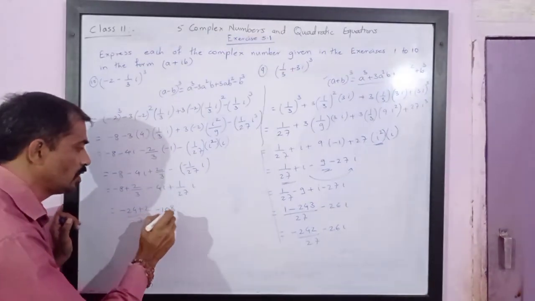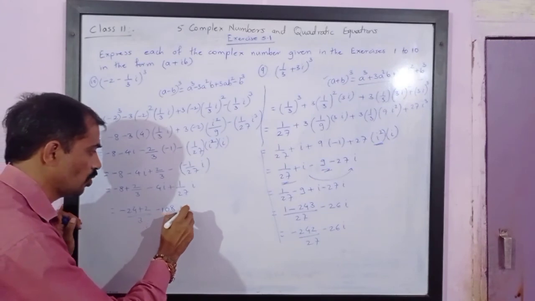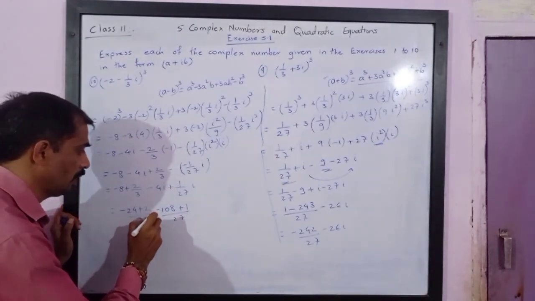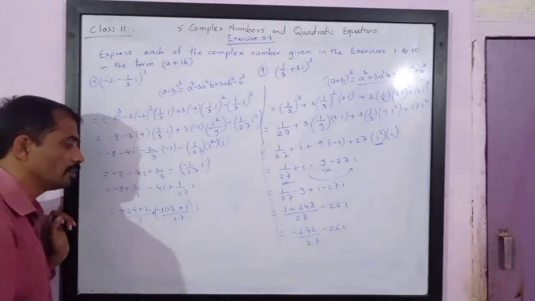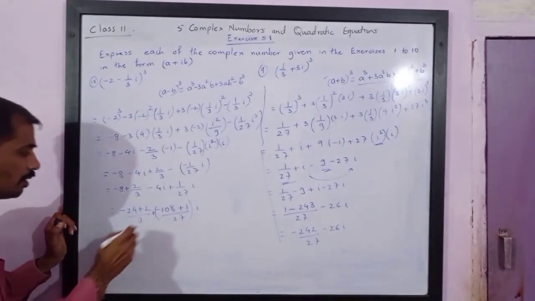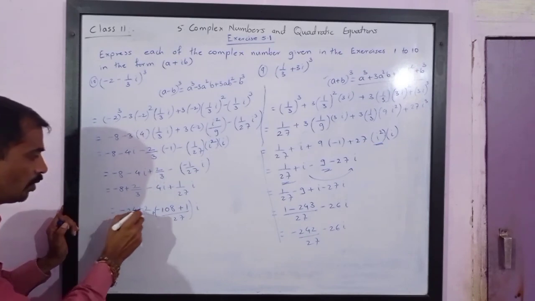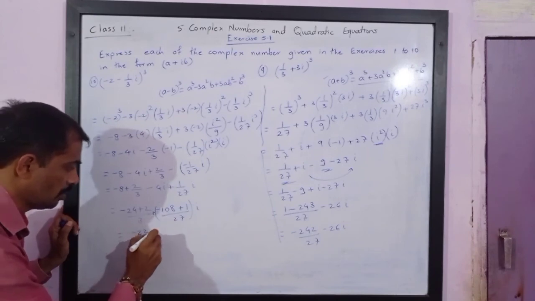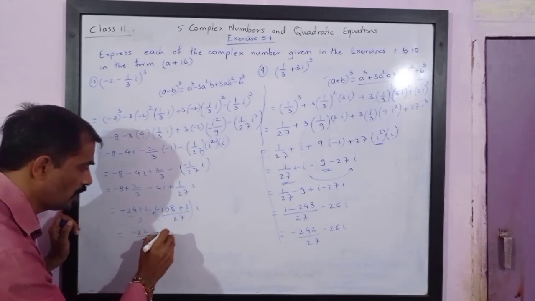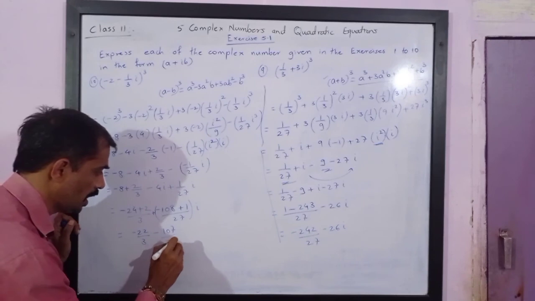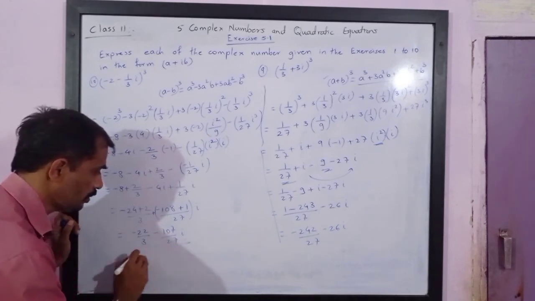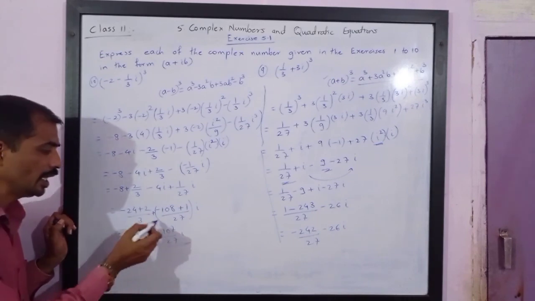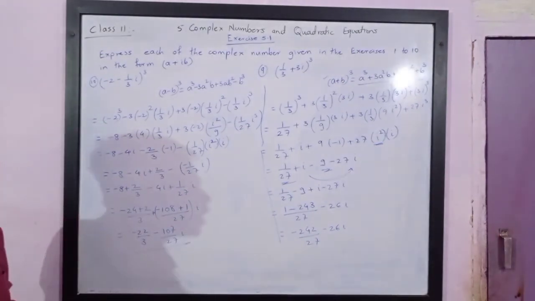This is negative 108 plus 1 upon 27. I will take plus sign here so that I can write I common. Now this is equal to negative 24 plus 2 is negative 22 upon 3 minus 107 upon 27i. So this A is negative 22 upon 3 and B is negative 107 upon 27.